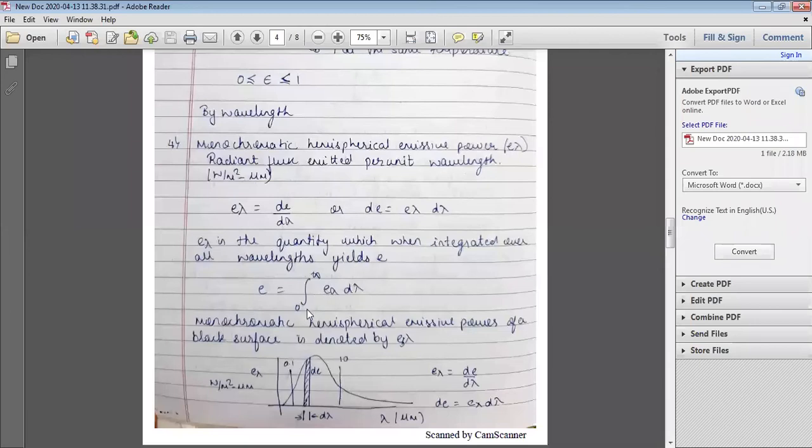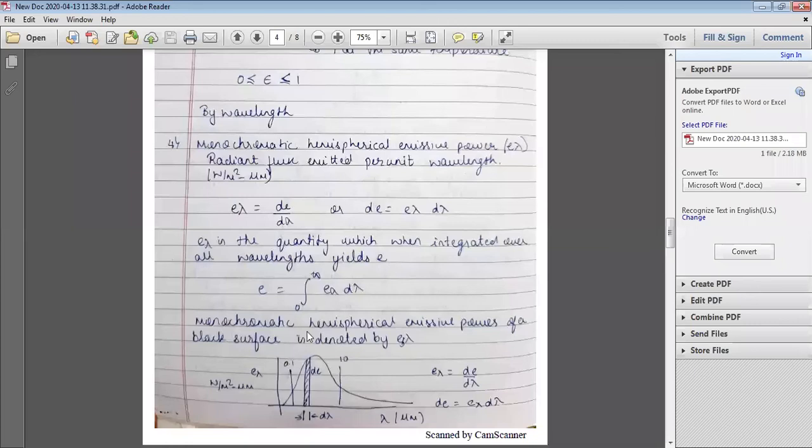When I integrate this over all wavelengths, it will be 0 to infinity of E lambda d lambda. On the other side, dE when integrated will be nothing but E. For me, E is the total hemispherical emissive power, which is given by integrating E lambda over all the wavelengths.